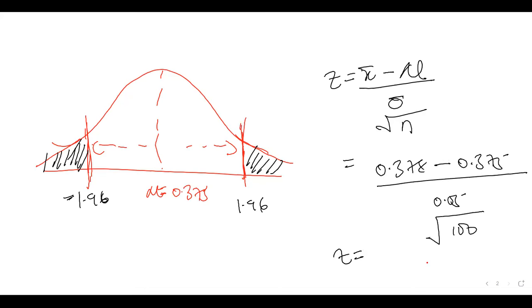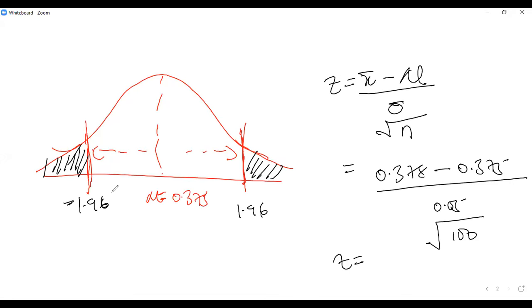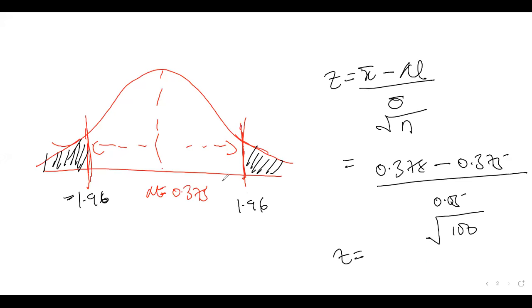will be 0.6. All right. So if I plot the 0.6 on this graph, it will be between 1.96 and negative 1.96.